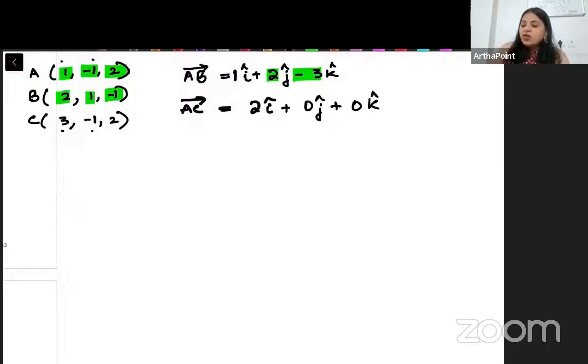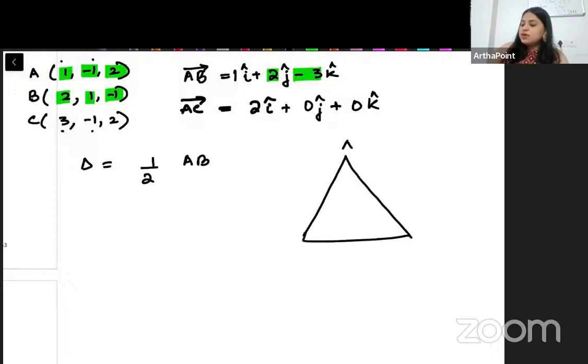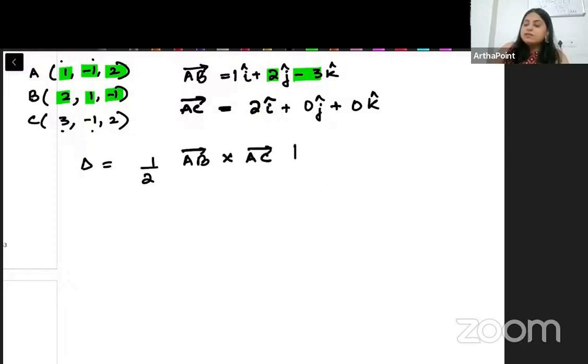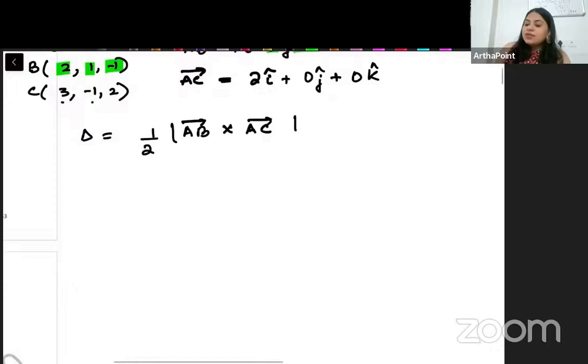Beta, area of a triangle is half of AB cross AC. ऐसा बना रहे हैं ना हम? This is A. So A, B, C. I have AB and AC vectors. ठीक है? So area of a triangle will be half of AB cross AC with its magnitude. Now, beta, I am doing a cross product of AB and AC.